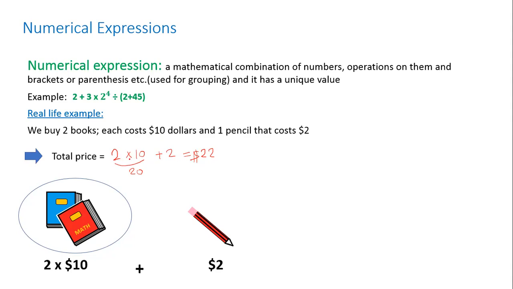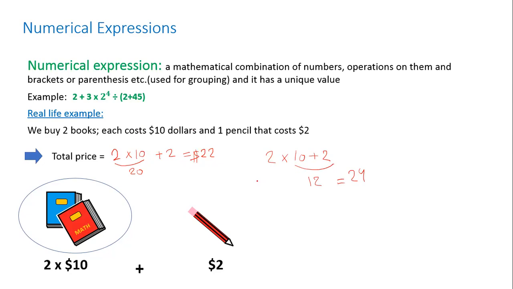Either they will multiply first and then add to get the same answer that we got, or they will add first, then multiply. And in this case, if they added first, they will get here 12. 12 multiplied by 2 will give them 24, which is a wrong answer, of course, in our case.